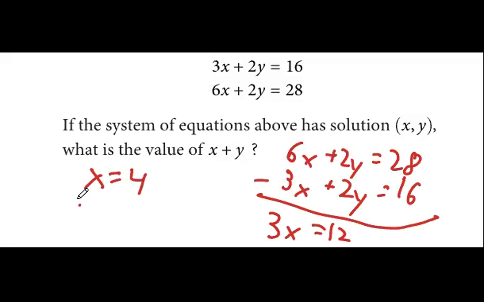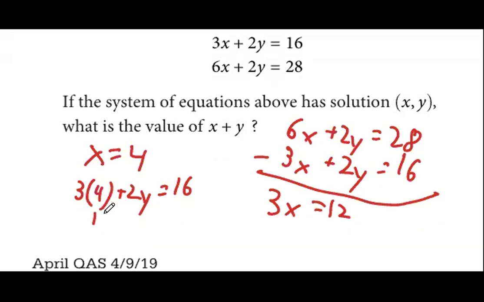So we have 3 times 4 plus 2y equals 16. That gets us 12 plus 2y equals 16. That gets us 2y equals 4, y equals 2.